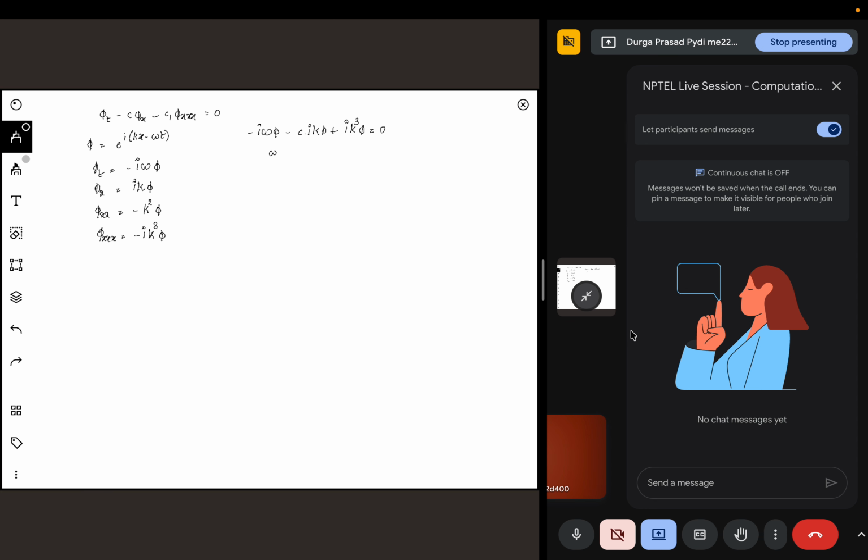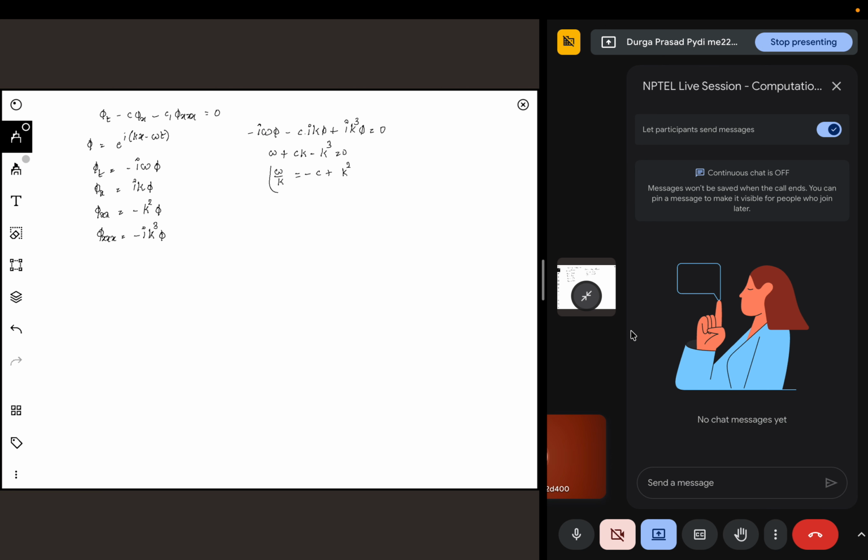Okay, fine. So let's ignore that for now. Let's say we have omega plus ck minus c1 k cube equals 0. Actually, I should have started with phi t equals minus c times phi x. Because I started with plus c times phi x, I'm getting a negative direction. That is fine. So we have omega by k is minus c plus c1 k square.